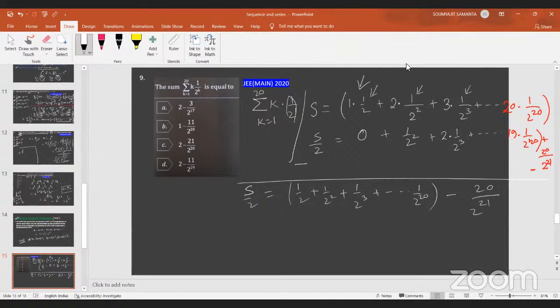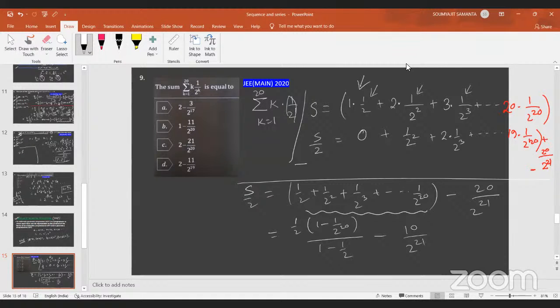In the first bracket, these are nothing but they form a GP, and the sum of a GP is A into 1 minus R to the power n. Here R is 1 by 2, so this will become 1 by 2 to the power 20 divided by 1 minus half, minus 20 can be written as 2 into 10, so this will become 10 by 2 to the power 21.